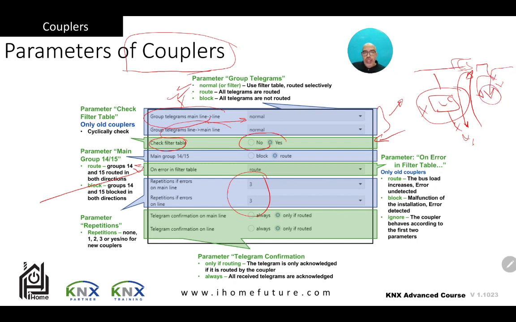Should I allow the device to repeat the errors on the main line, to repeat again? By default it should be repeated 3 times. This is why we have a repeating option. And should I send confirmation on the main line? Yes, only if routed. Only if I'm routing will I send confirmation to the sending device, telling it that we received the data and it's routed, so you don't have to repeat again.